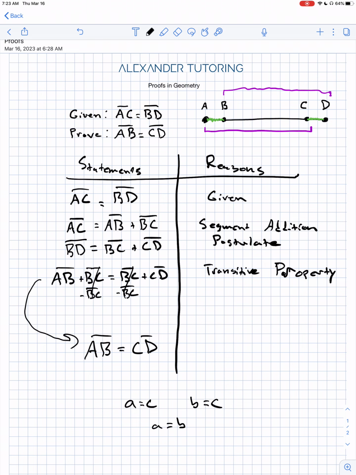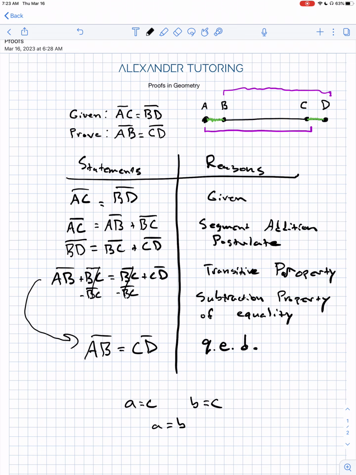So now I have to justify, I subtracted BC from both sides. That's the subtraction property of equality. Same as canceling, in this case you're subtracting from both sides. And we arrive at what it is we are trying to prove, QED.